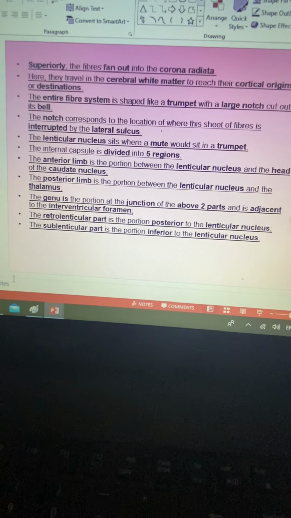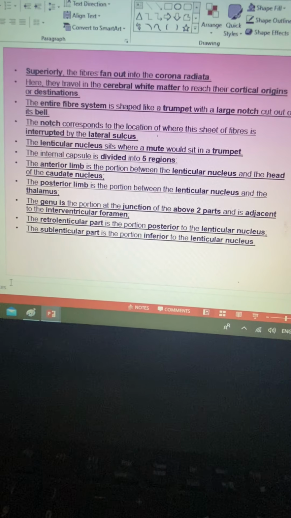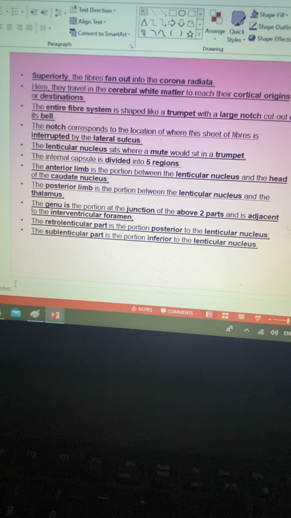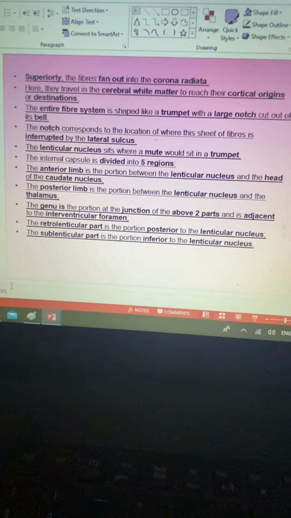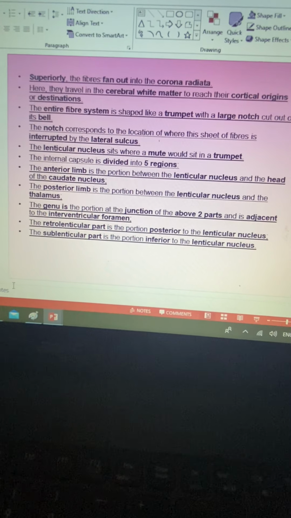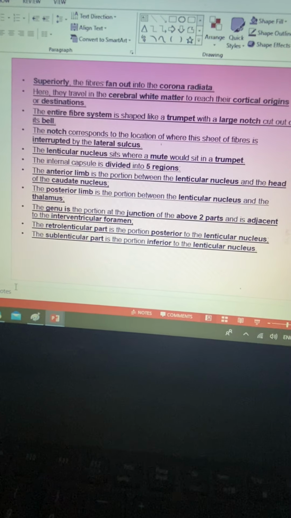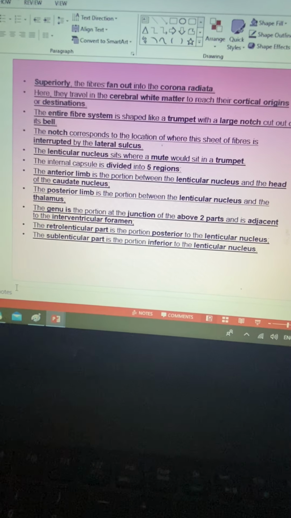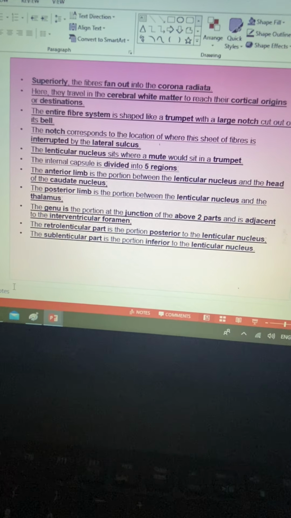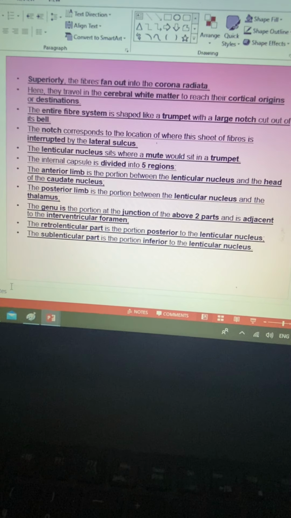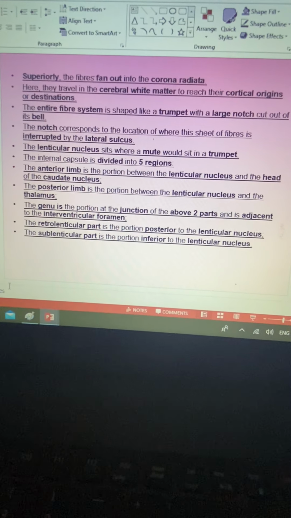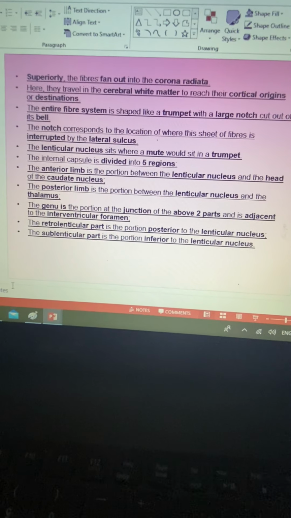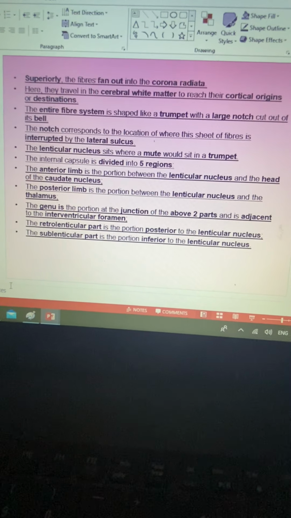Then this palm of your hand is V shape. This V shape is the internal capsule, and these spread fingers are the fibers fanning out from the internal capsule, and this spreading out of the fibers from the internal capsule is called the corona radiata. Right? I hope it is clear.